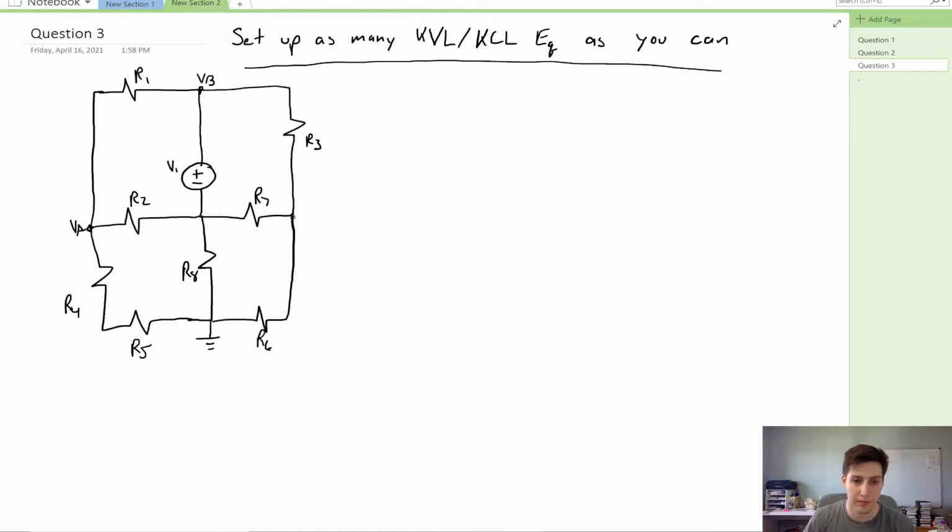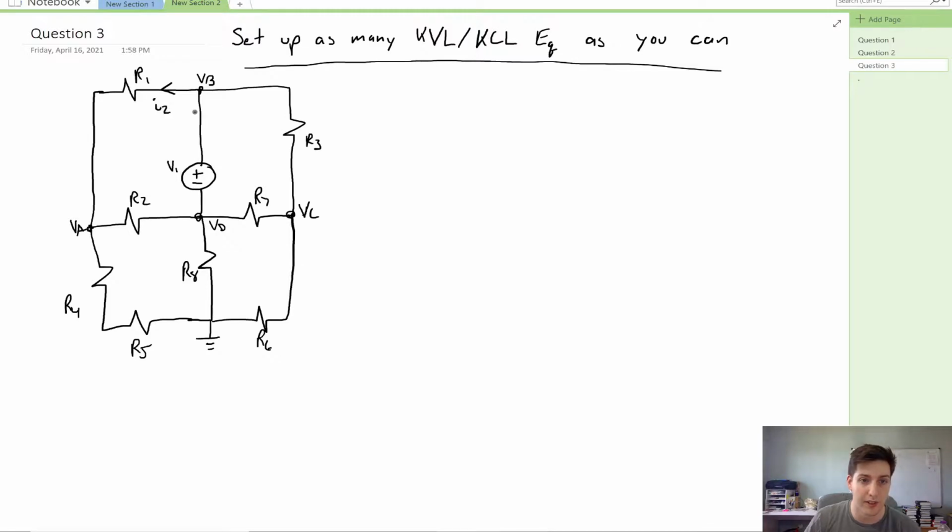So the first thing that we do is we are going to label some nodes, VA, VB, VC, and VD. And this is where we really start to bring in all the variables.